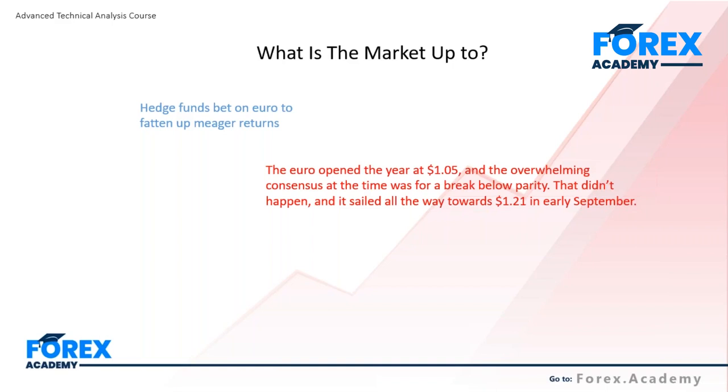The overwhelming consensus in the market was that the euro was going to continue to move lower with a target of parity. That is a clear indication from our learning process, looking back at market conditions, that bearish sentiment on euro dollar was at an extreme at the beginning of 2017. By September of that year, euro dollar was trading at 121, not at parity or below parity. It had moved in the opposite direction.